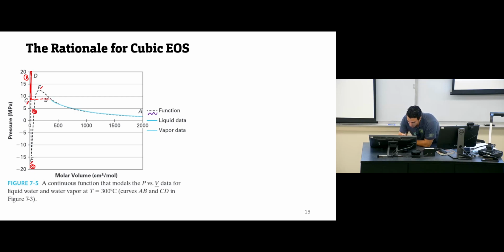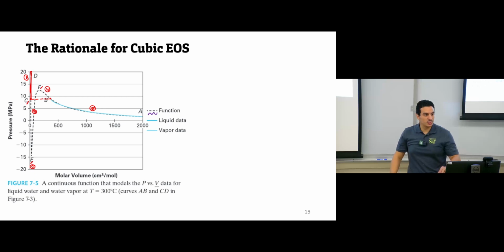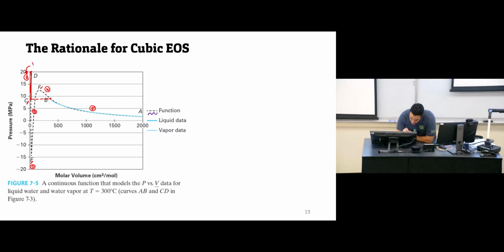Then from F to B is part number 4, and from B to the end is part number 5. So we can divide this equation into 5 regions. The first region, CD, represents the liquid phase. Region number 5 represents the vapor phase.